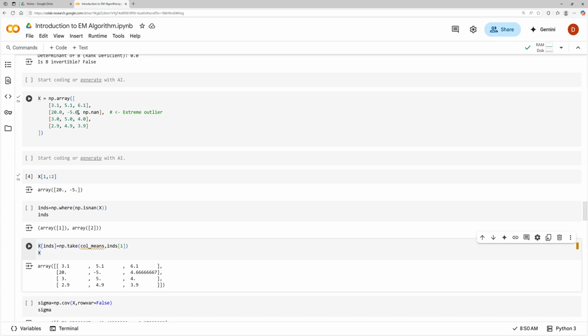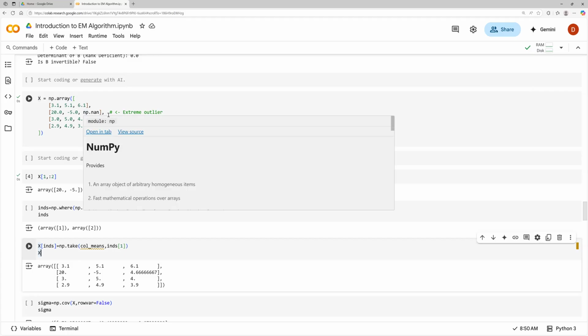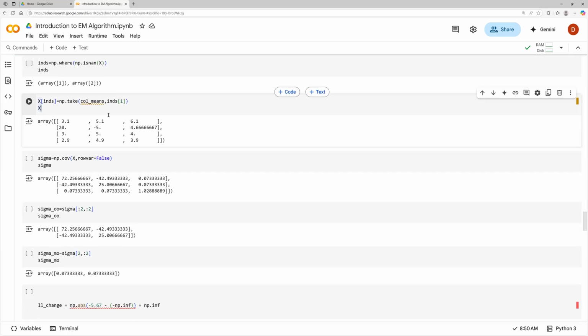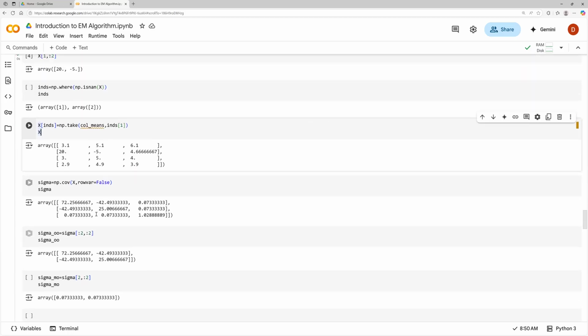That's exactly right, right? That's observed. Excluding this index. Okay. So if we do sigma 2, 2, we know that we get something like this.